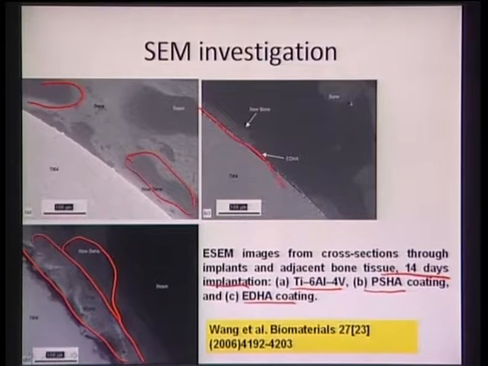This is also another Ti6Al4V, and on that there are hydroxyapatite coatings, and this region shows neo bone formation. So what has been shown here is that putting the hydroxyapatite coating on this Ti6Al4V also enhances bone growth or bone formation in vivo.